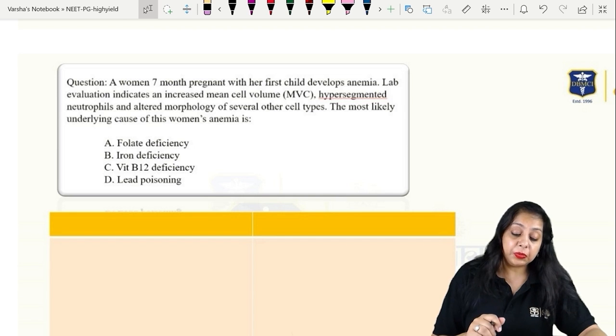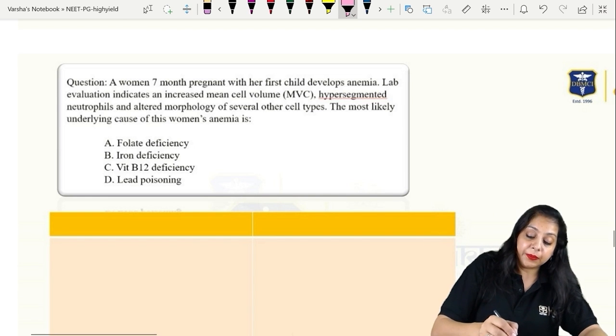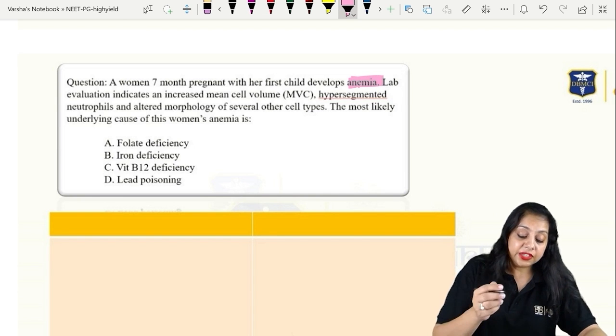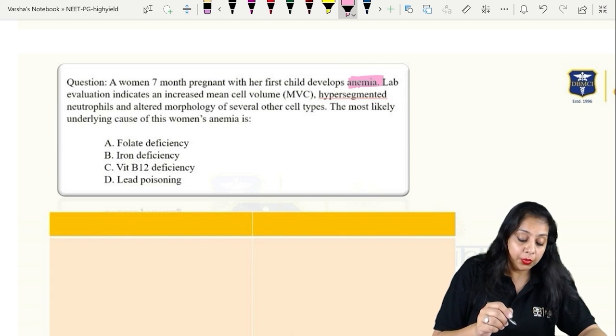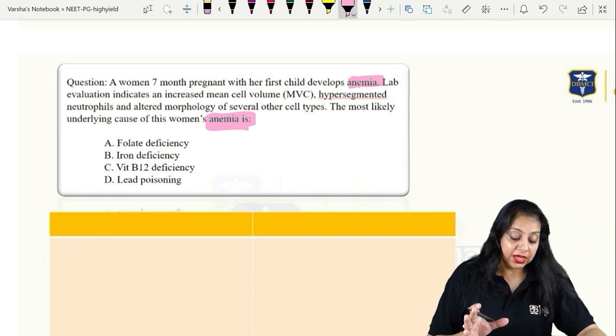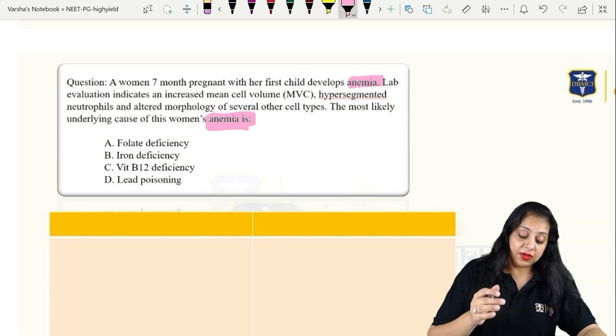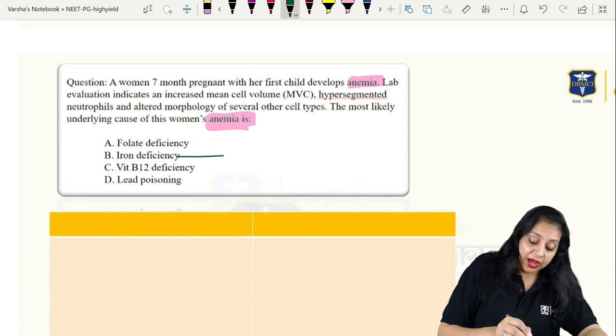A woman, 7 months pregnant, develops anemia, right? There was increased mean cell volume, hypersegmented neutrophils, and altered morphology of several other cell types. The most likely underlying cause of this woman's anemia: folate deficiency, iron deficiency, vitamin B12 deficiency, or lead poisoning. So it cannot be iron deficiency.